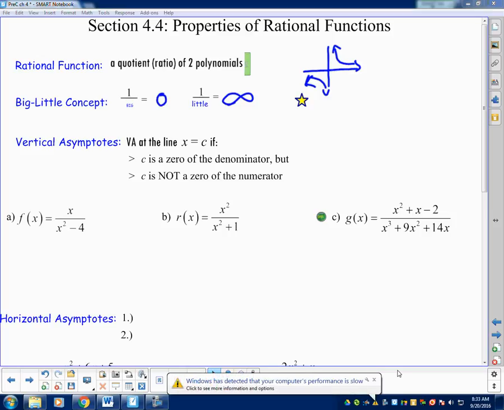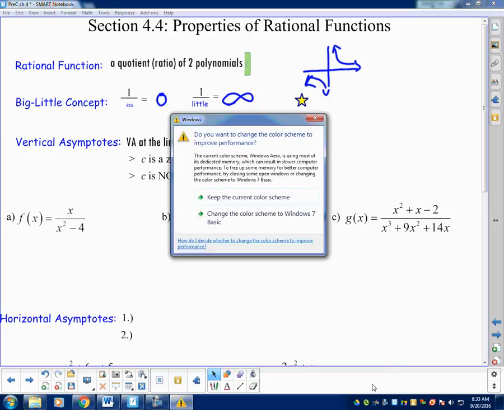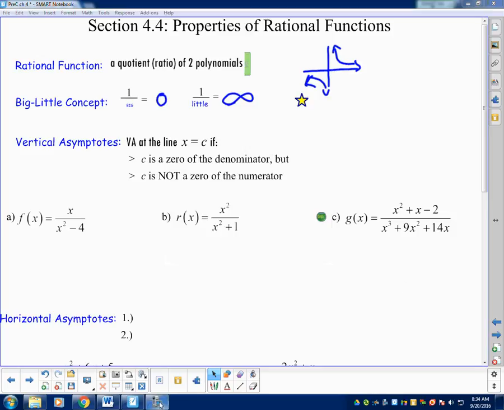So let's find the vertical asymptotes of these next 3 functions. We're going to do that right now.